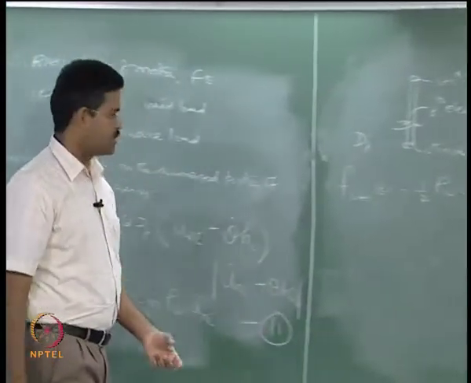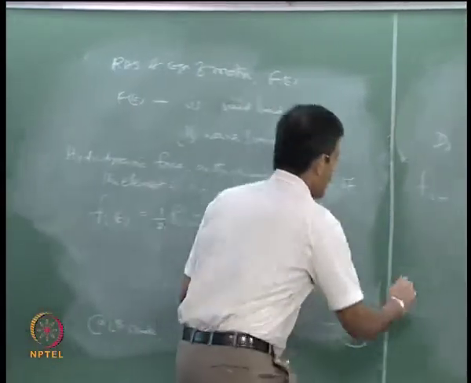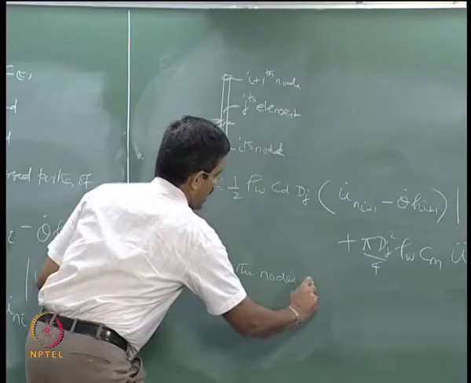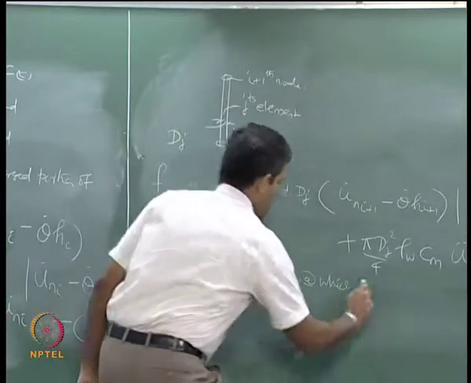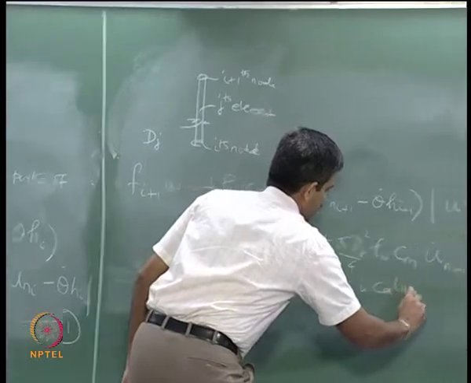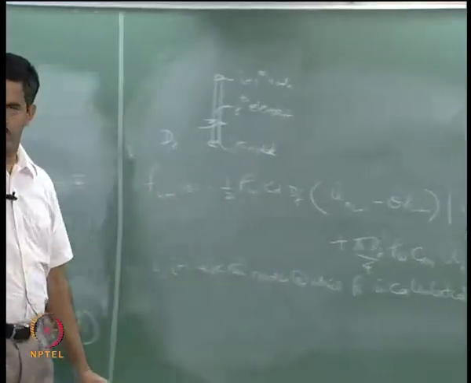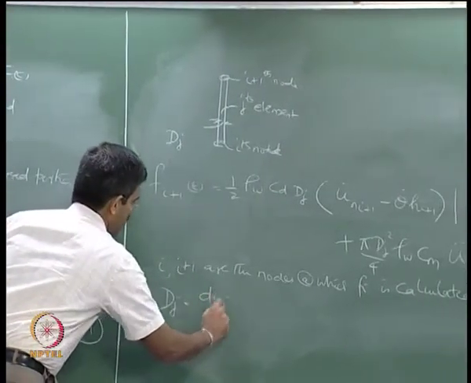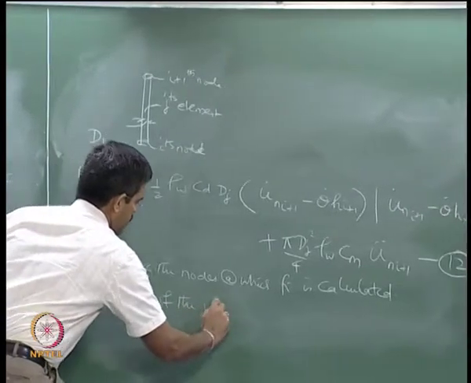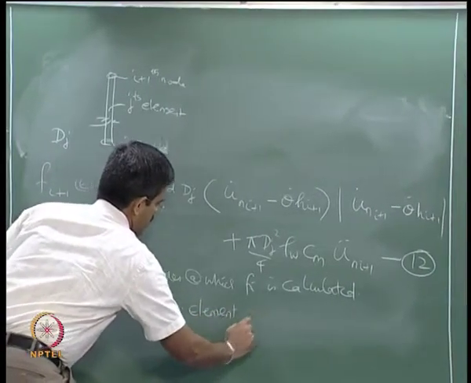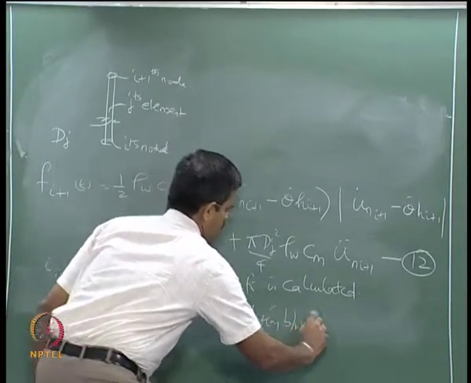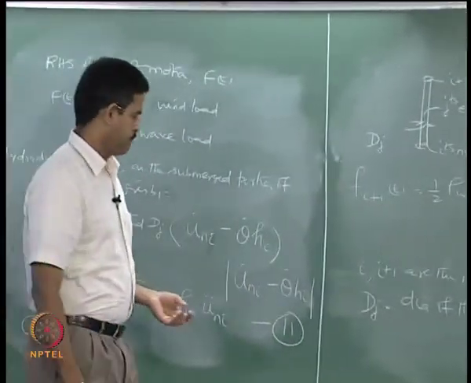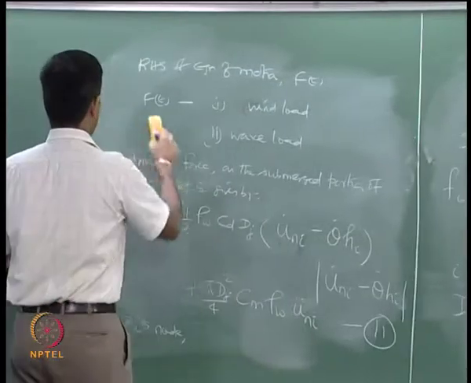So, in these two equations, the set of equations 11 and 12, I understand that i and i+1 are the nodes at which f of i is calculated. d_j is the diameter of the jth element lying between the i and i+1 nodes.